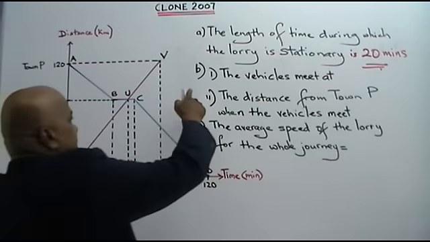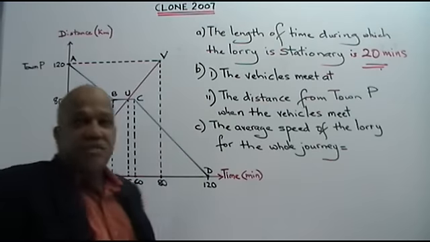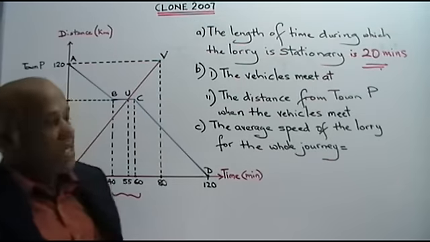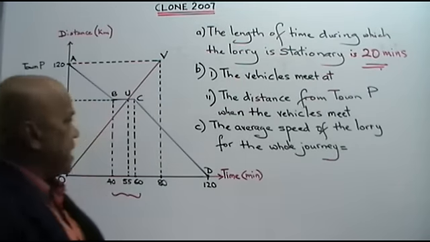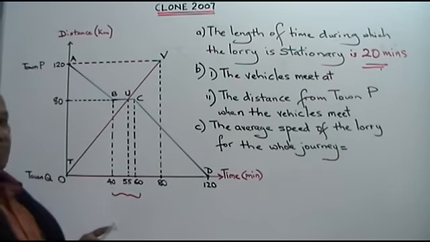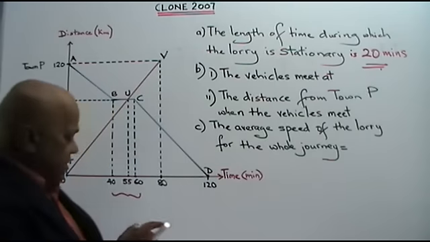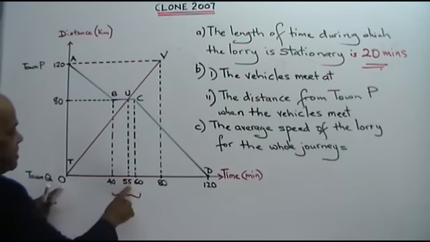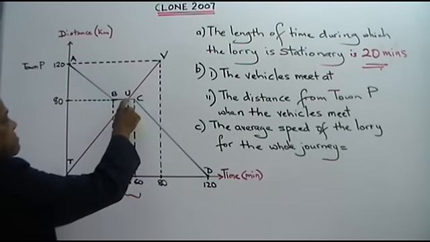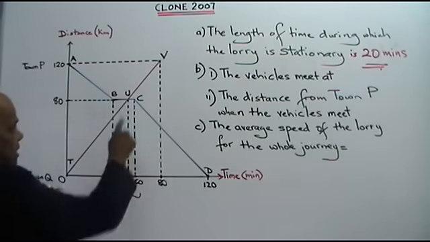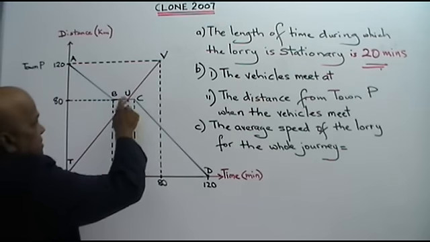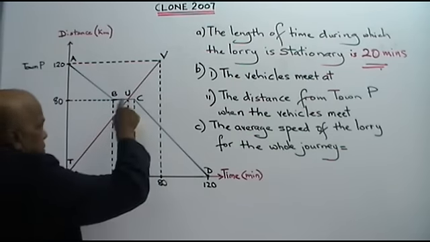Okay. Part B. You are asked to find out at what time the vehicles meet if they begin their journey at 10 a.m. So if they begin their journey at 10 a.m., they meet after 55 minutes at U. Okay, after 55 minutes they meet here, where the two graphs meet at this point.